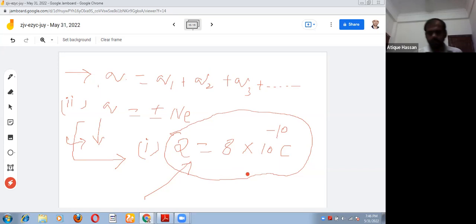Think about it. Try for one or two minutes, then I will tell you the solution. You have to check whether this charge of an object is possible or not. This is a very basic question of quantization. Even the first question I teach in class will be on quantization.